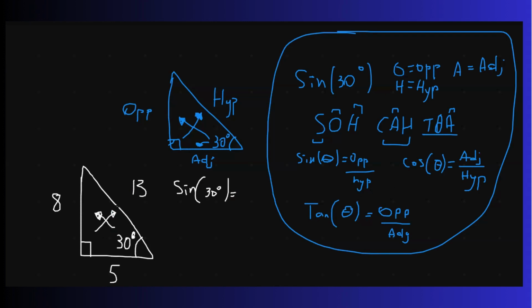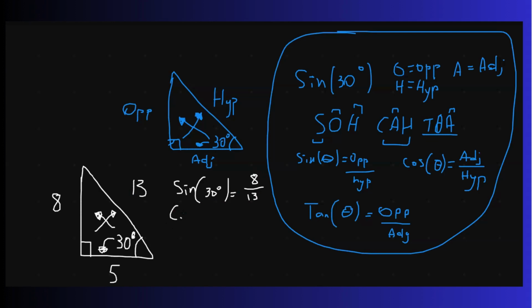So adjacent is 5, opposite is 8, and hypotenuse is 13. So to find the sine, we need to do opposite divided by the hypotenuse. So the sine of the right triangle of 30 degrees will be equal to 8 over 13.